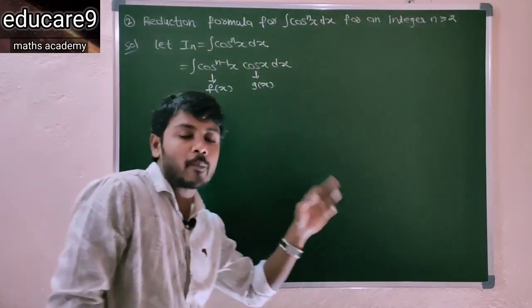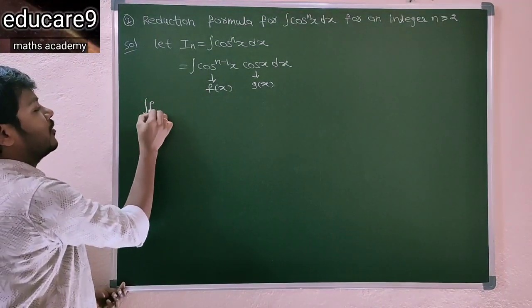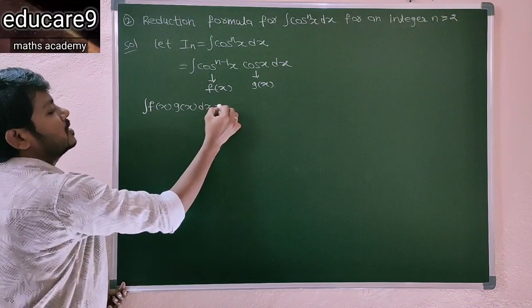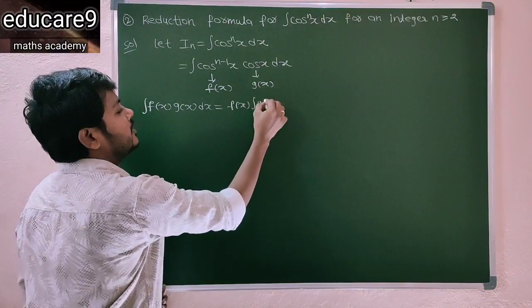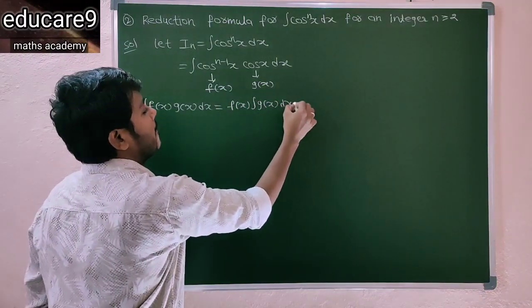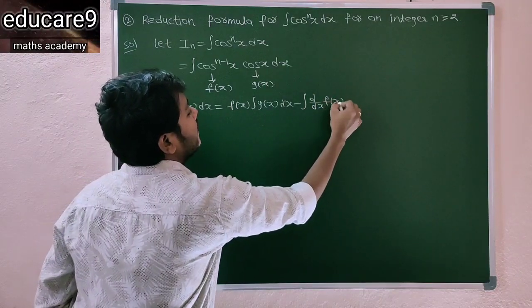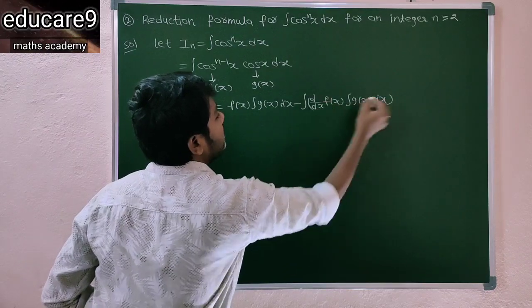So now we have to apply the integration by parts formula. That is integration of f(x) g(x) dx form. So what is that? f(x) integration of g(x) dx minus integration of d by dx of f(x) times integration of g(x) dx, whole dx.